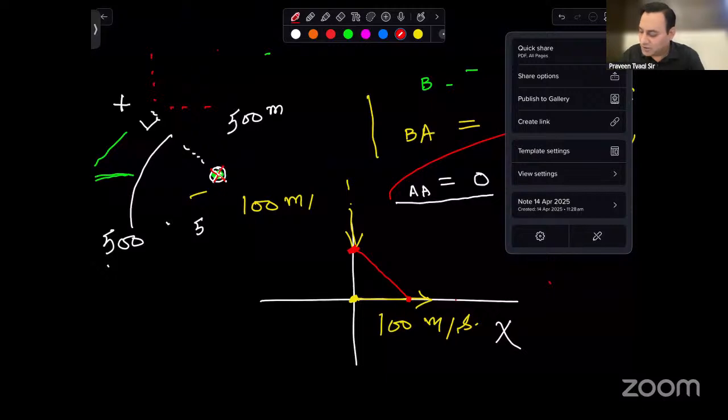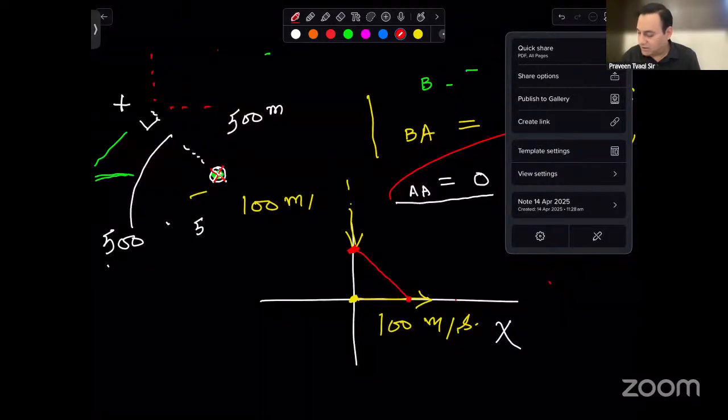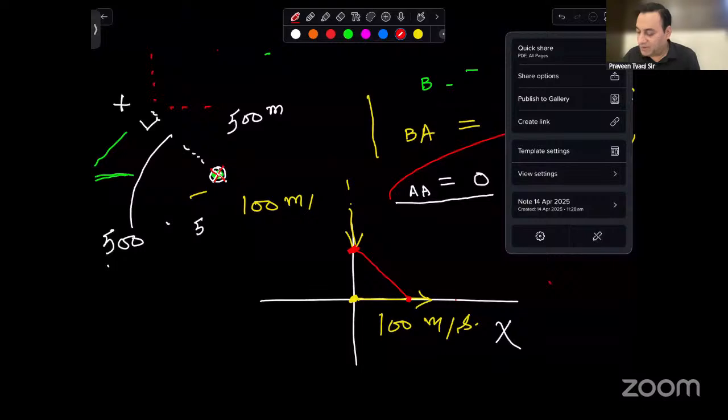Clicking on three dots, I am doing that. I reached this part. Now, quick share or publish to gallery. What? Click on the right side icon. Which icon? Right last icon. View settings or template settings. Can you name which I should click on?